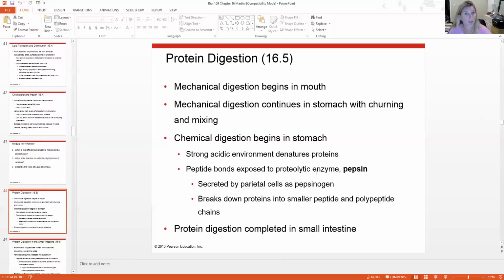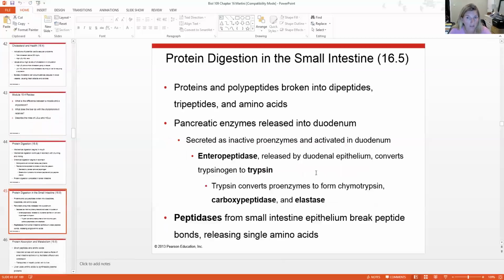Pepsin is secreted by the chief cells as pepsinogen, and then when it's exposed to the HCl, it is converted into pepsin. It breaks down proteins into smaller peptide and polypeptide chains, and the digestion of these proteins is completed in the small intestine. Polypeptides and proteins are broken down into dipeptides, tripeptides, and amino acids.